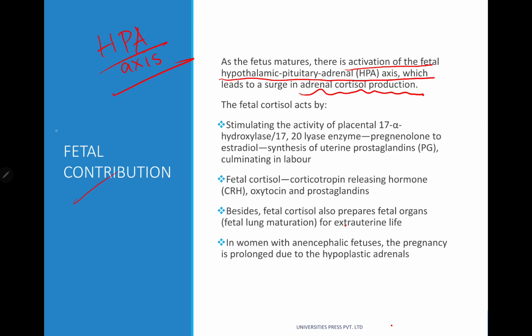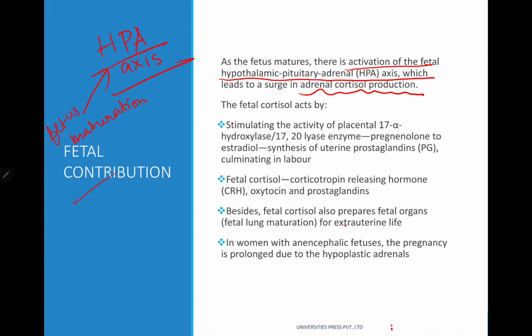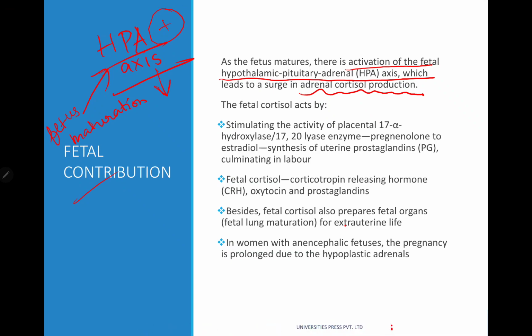So fetal maturation targets the HPA axis, which is going to be activated. What happens when the hypothalamic pituitary adrenal axis is stimulated? Of course, adrenal cortisol production is going to be increased.